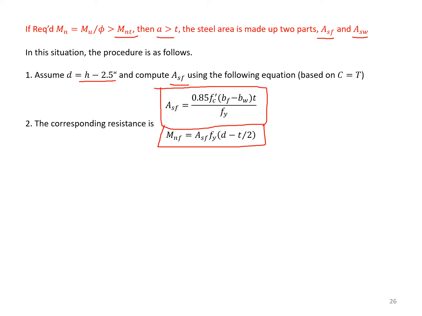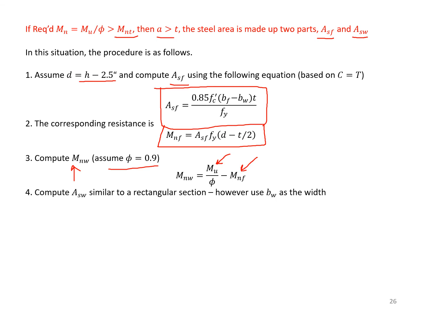Again, this remains constant, and assume phi is equal to 0.9, and let's determine what MNW would be. MNW is Mu divided by phi, which is the required strength, minus the MNF that you just computed. Now from this point on, compute ASW as if you are designing a rectangular section, however using BW as the width.